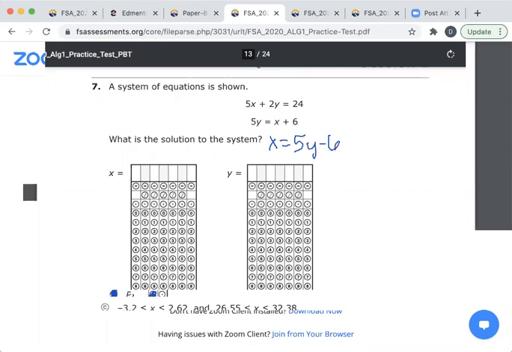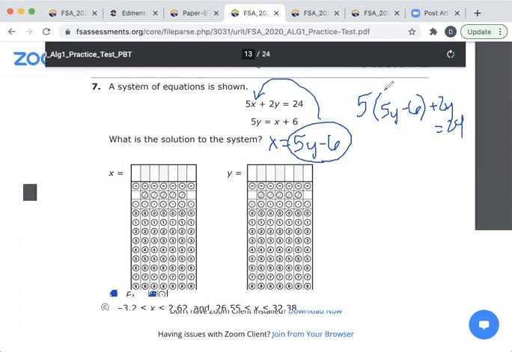Now I can plug this whole part, 5y minus 6, in for x in the other equation, okay? So if I plug 5y minus 6 in for x, it would look like this. 5 times x, or 5y minus 6, plus 2y equals 24. Now my next step is going to be distribute. So 5 times 5y is 25y.